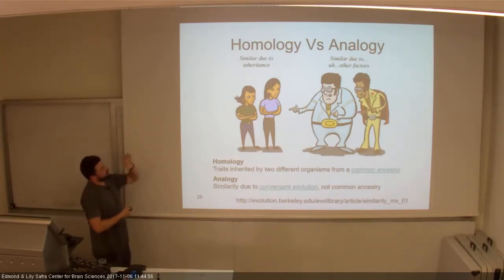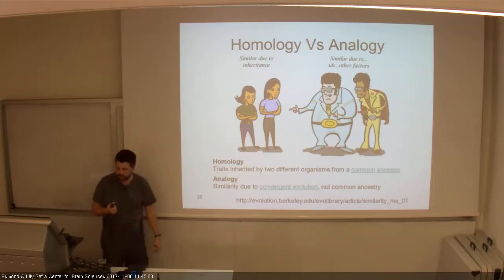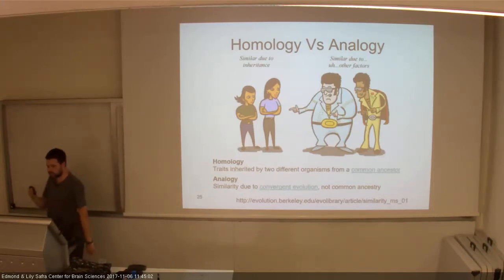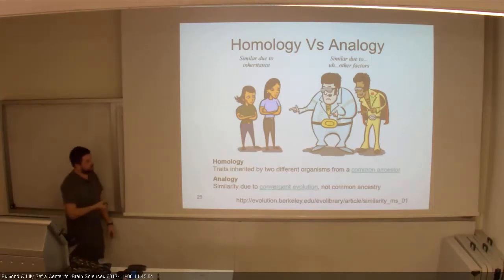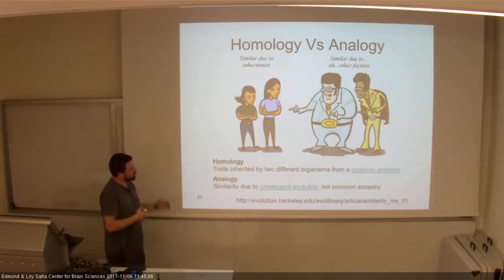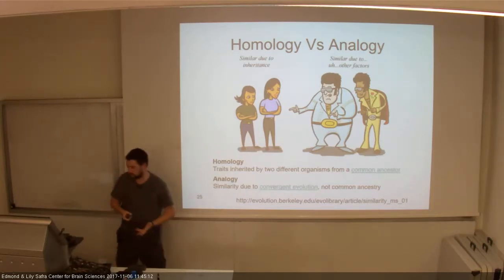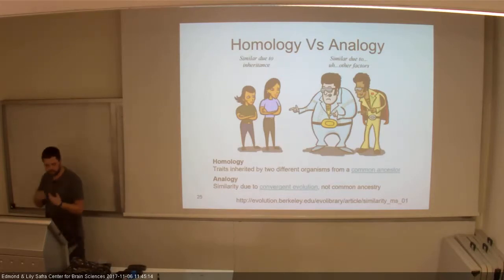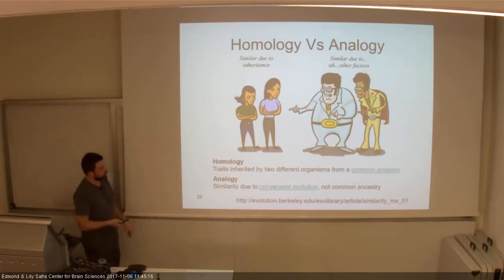But in biological terms, every time you see homology, unless they're abusing the term, it's supposed to be traits that are inherited from a common ancestor, and analogy is similarity due to other factors, like evolutionary pressure or other things, but not a common ancestry.